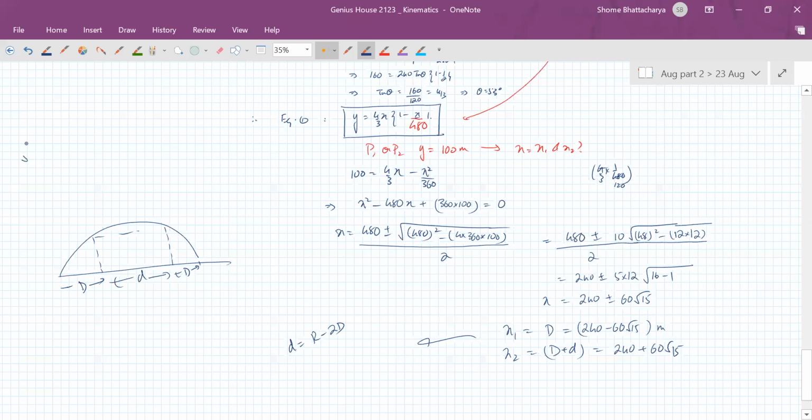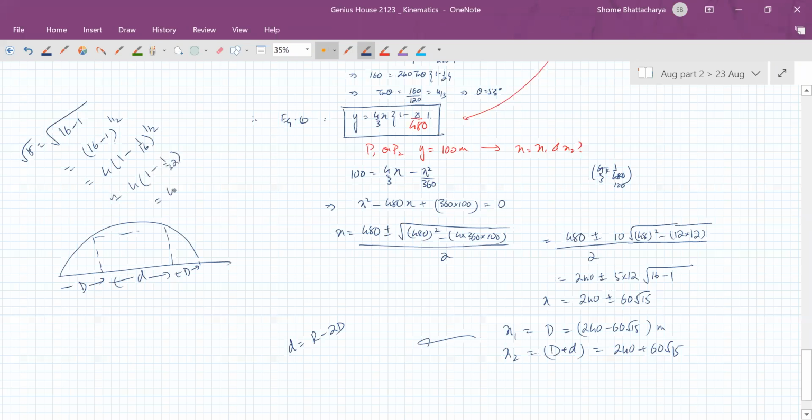Now root 15 we can calculate this way. Root of 16 minus 1, so 16 minus 1 to the power half. Take 4 outside. So 1 minus 1 by 16 to the power half. That's approximately 4 into 1 minus 1 by 32.